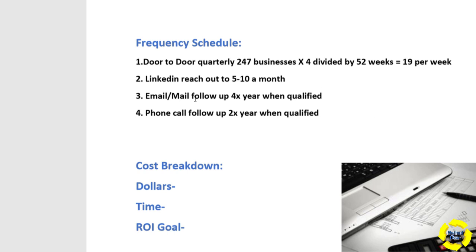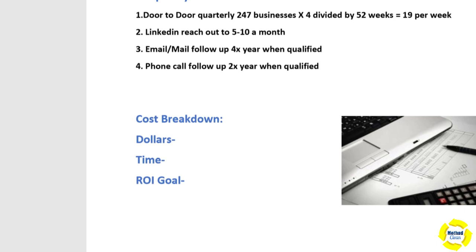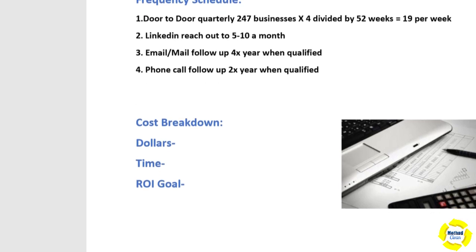And then the email follow-up or phone call rotation to stay in front of them. We have to stay in front of people. The more touches we can get on a prospect, your closing rates are going to go up, up, up, and up.